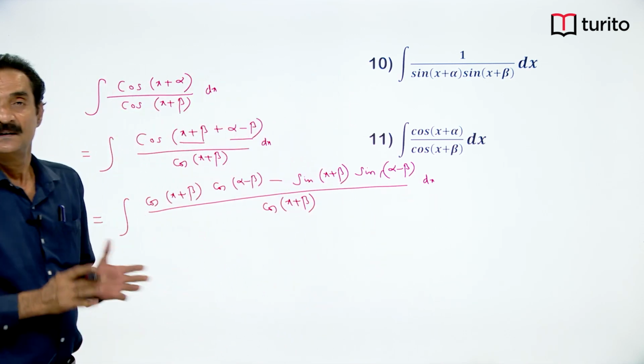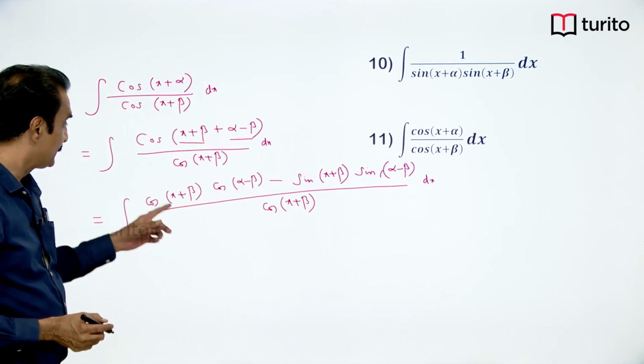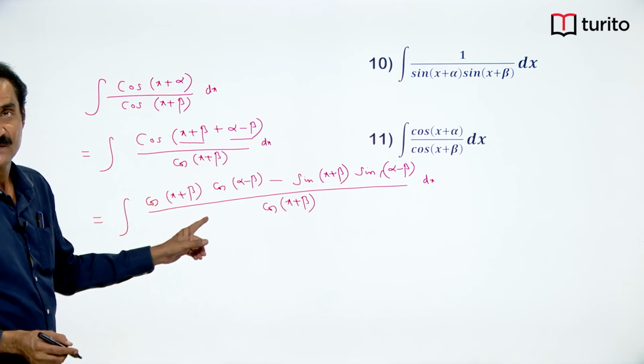Right. Separate the denominator. Cos x plus beta cancels.